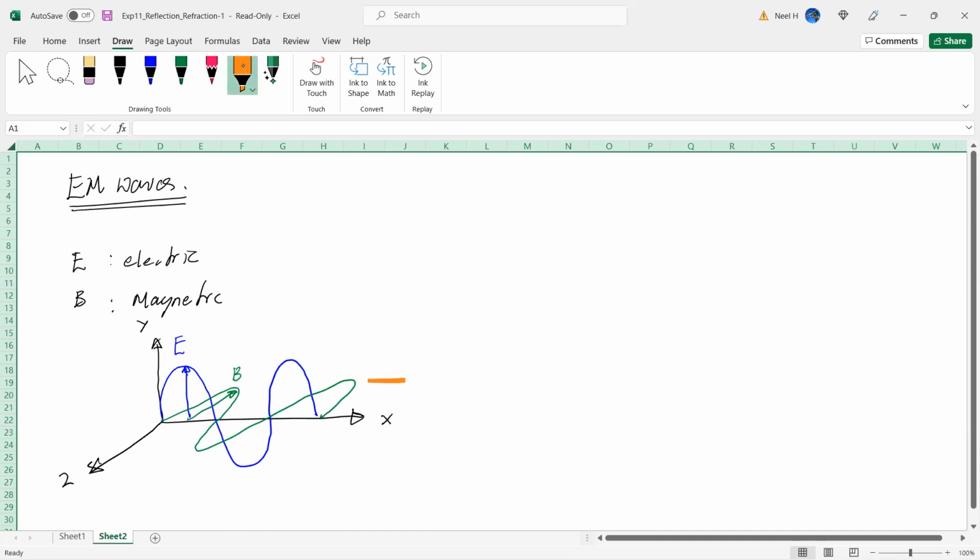Now the E field is on y, the B field is on the z axis, and the propagation direction is the x direction. So that's what we nowadays call electromagnetic waves.